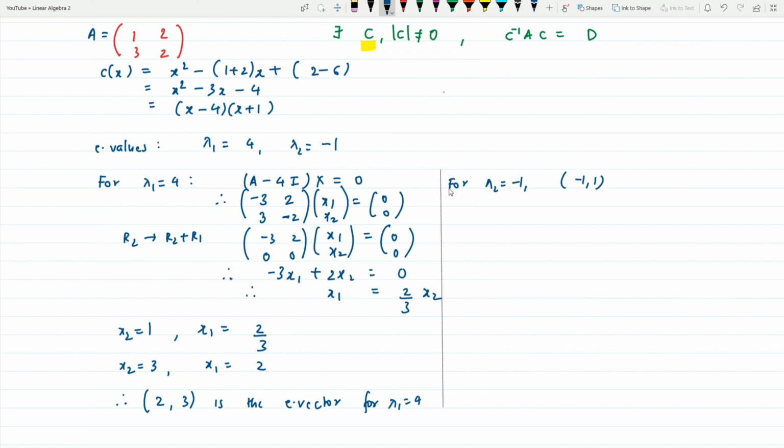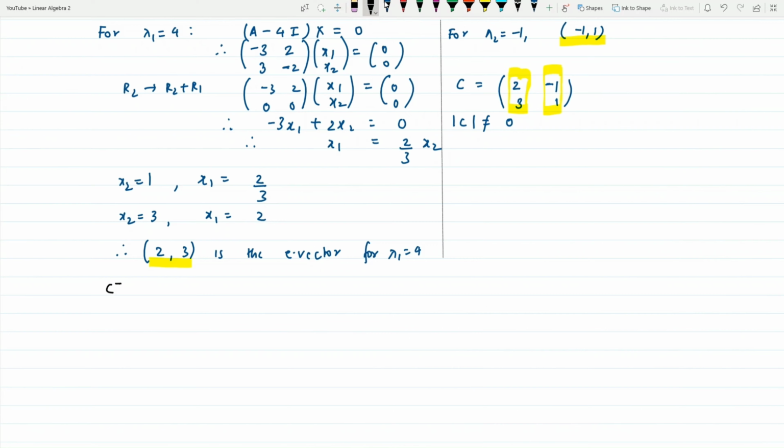Now we have two eigenvectors, and we are going to use them to construct the non-singular matrix C. So C is given as the matrix with columns 2, 3 and -1, 1. As you can see, the first eigenvector 2, 3 represents the first column of C, while the second eigenvector -1, 1 represents the second column of the matrix C. And it is not difficult to see that the determinant of C is non-zero.